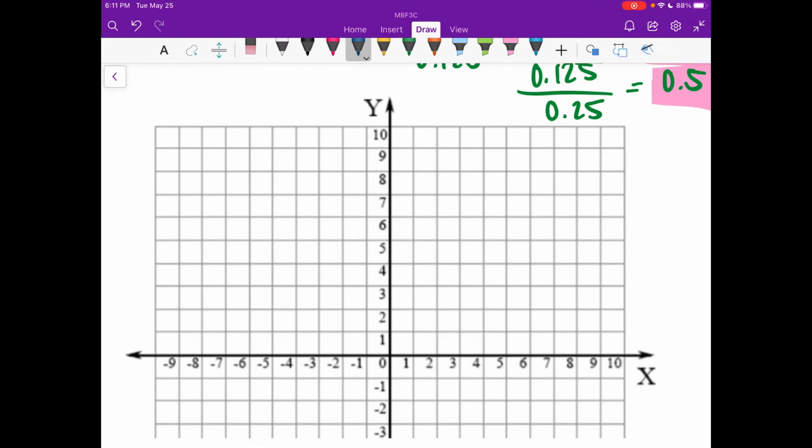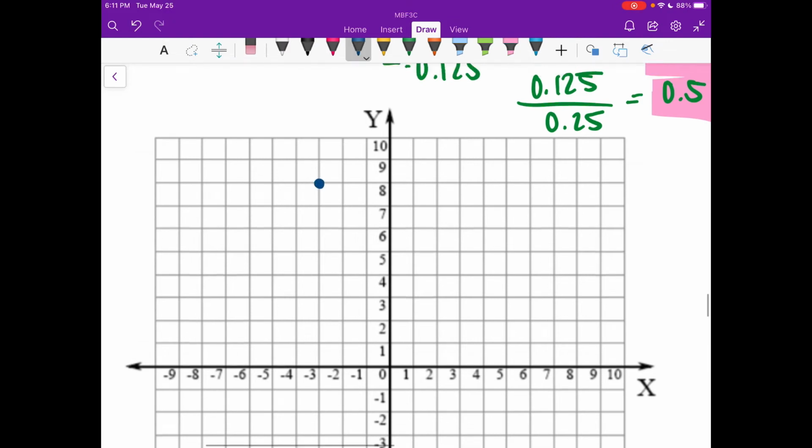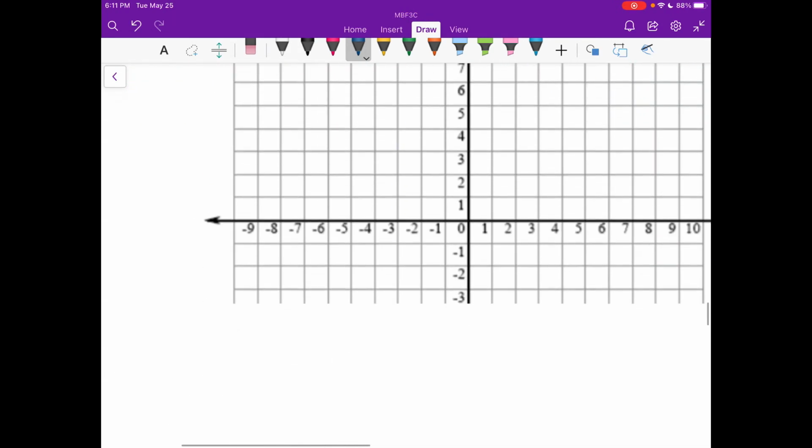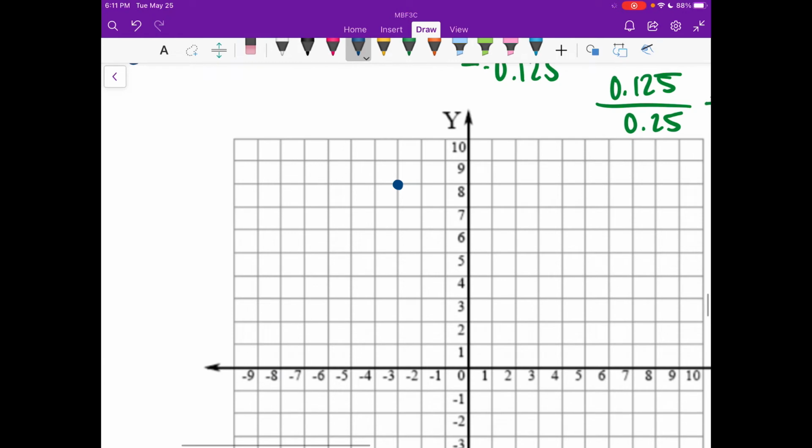Then we have -2 and 4. Then we have -1 and 2, 0 and 1. Then 1 and 0.5, 2, and it kind of tapers off like this.